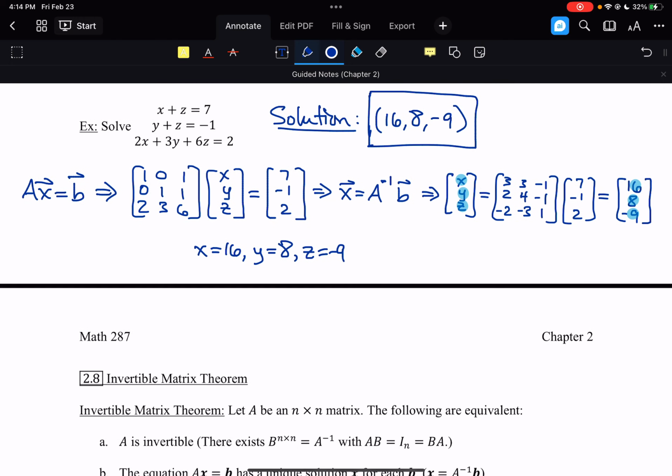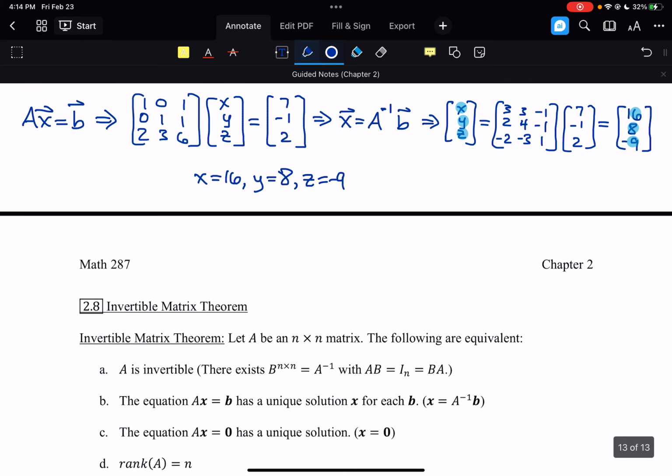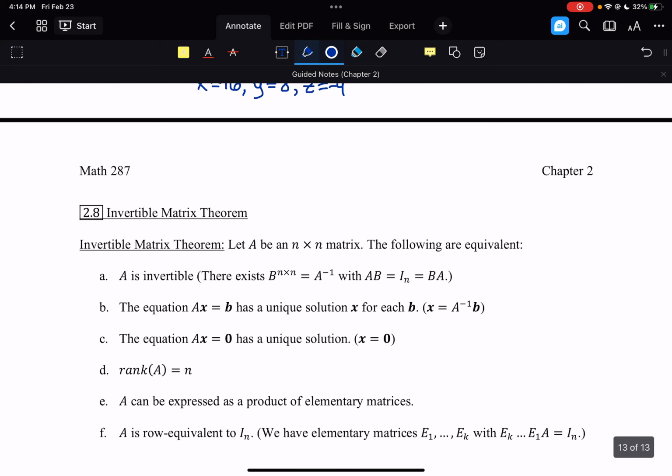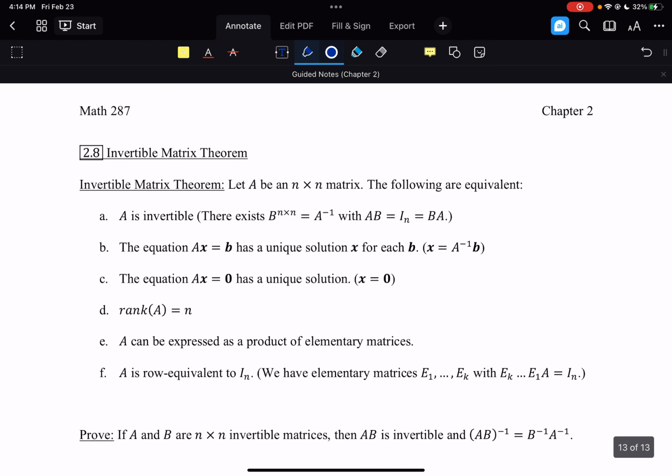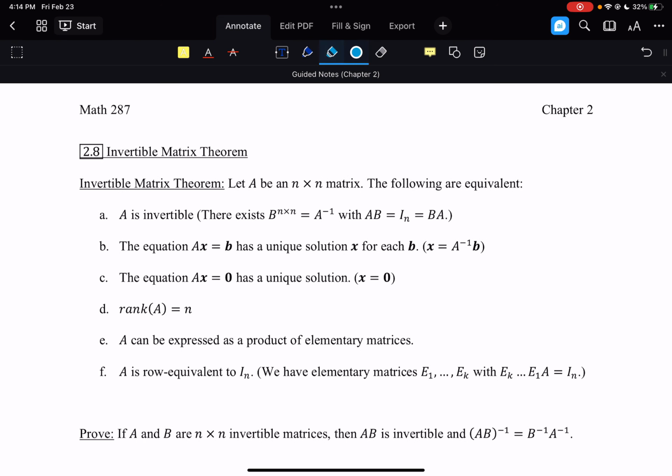So let's go ahead and take a look at section 2.8. This section covers the invertible matrix theorem. The invertible matrix theorem is a very big theorem with a lot of equivalent statements that all give conditions for a matrix to be invertible.